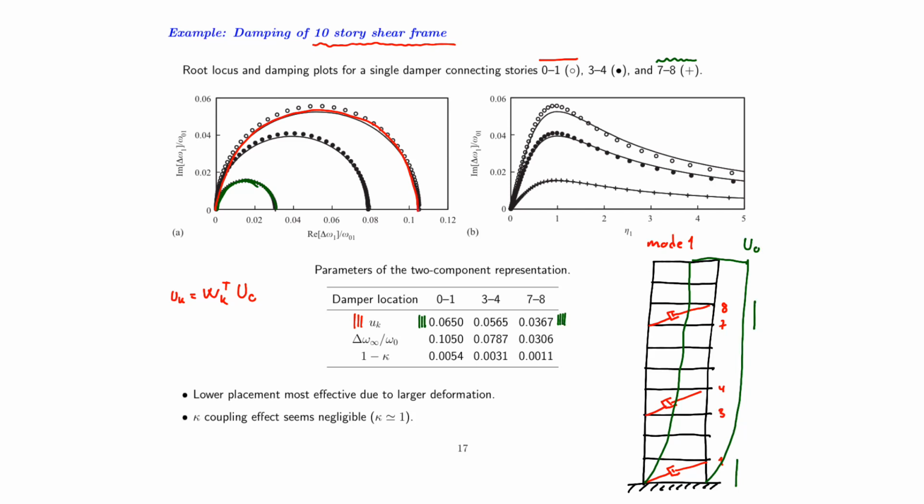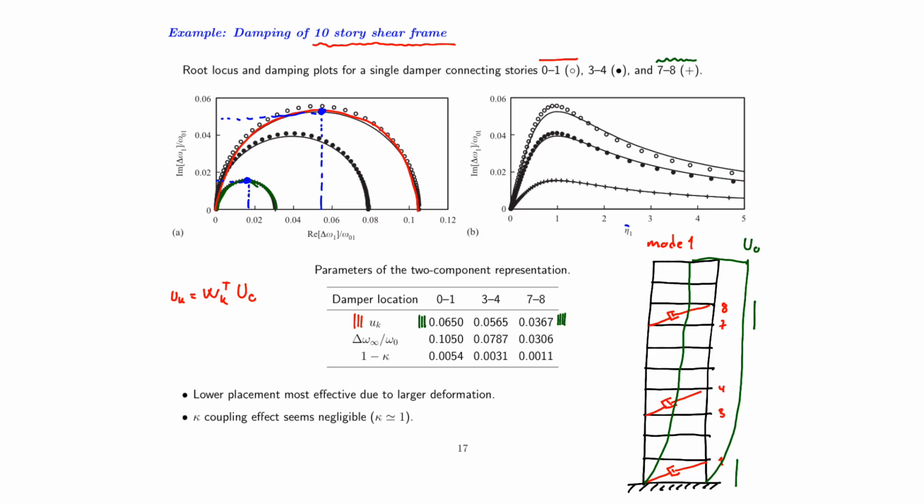And again, maximum damping is represented by the largest imaginary part of our natural frequency, or the change in natural frequency, and it is much larger for the 0,1 location than it is for the 7,8 location.